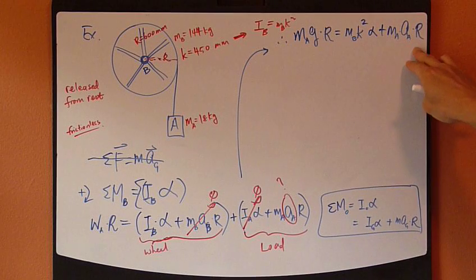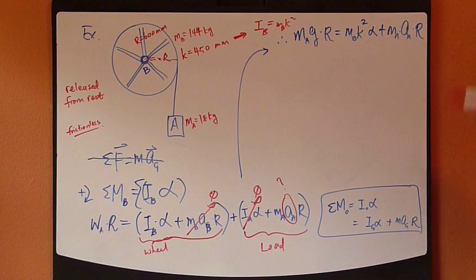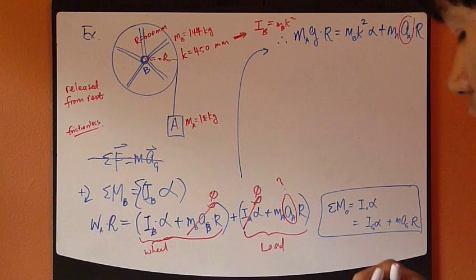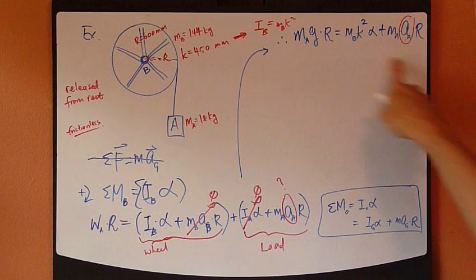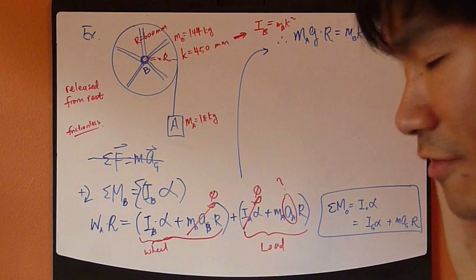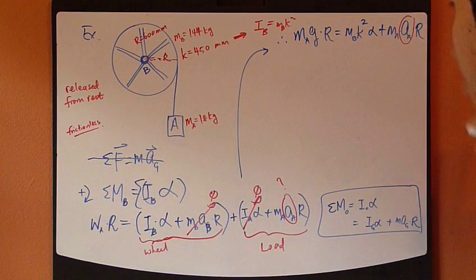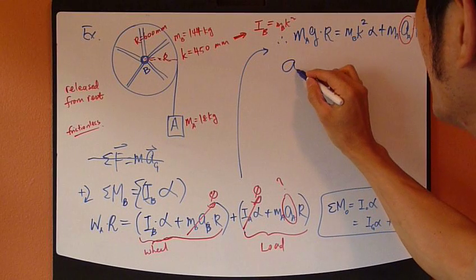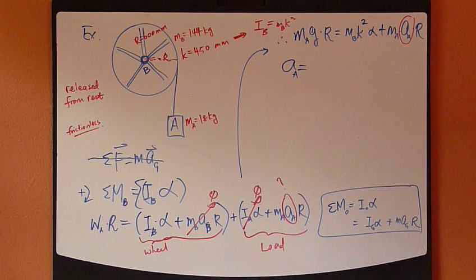This is the equation where you can solve for the unknown a_A. Everything else is given. So move all the known quantities to the right-hand side, leaving a_A on the left-hand side.